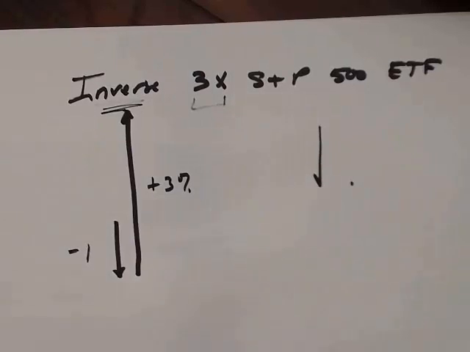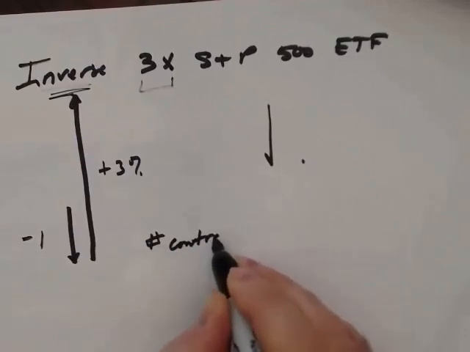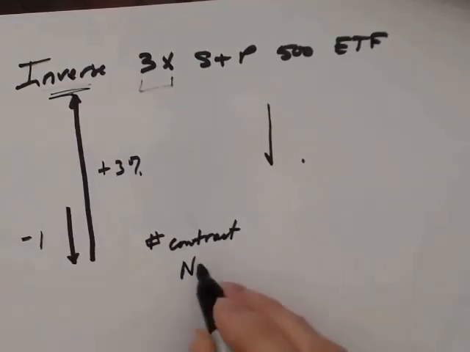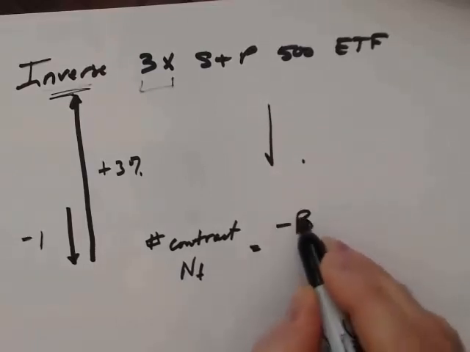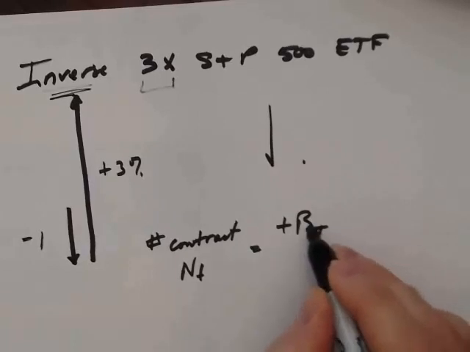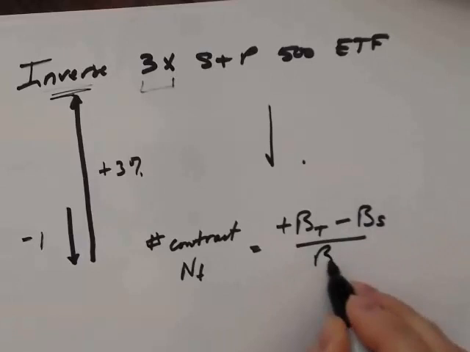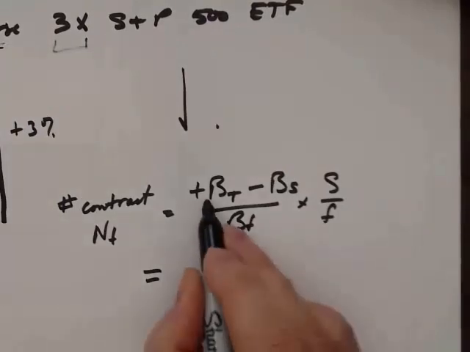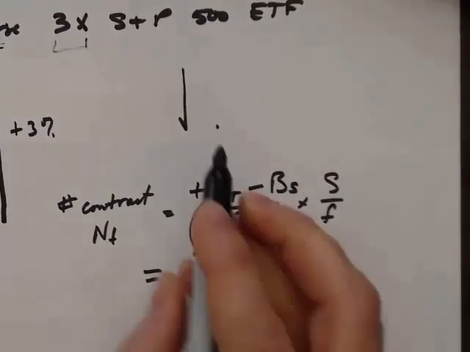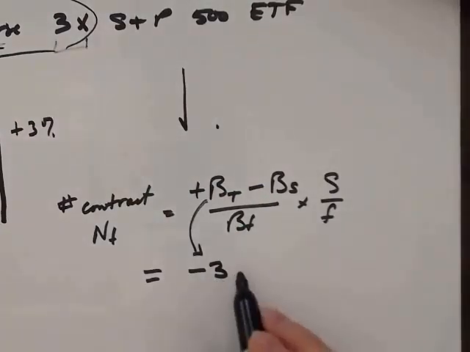Okay, so now how many contracts do we need? Number of contracts, which I've been using as NF. Okay, well, that's positive beta for the target minus beta of our stocks, beta of the futures, times S over F. Okay, and we want a target of inverse 3. That's what that's saying. We want an inverse 3 target. So it's minus 3.